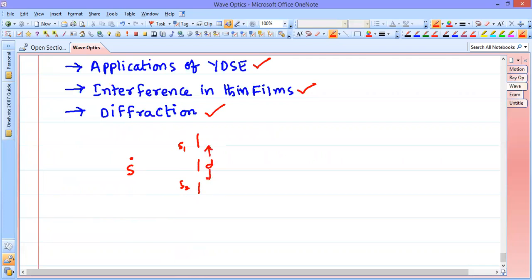Whenever you are preparing, read carefully small d and capital D. At a distance capital D, we are having a screen, or a photographic plate.